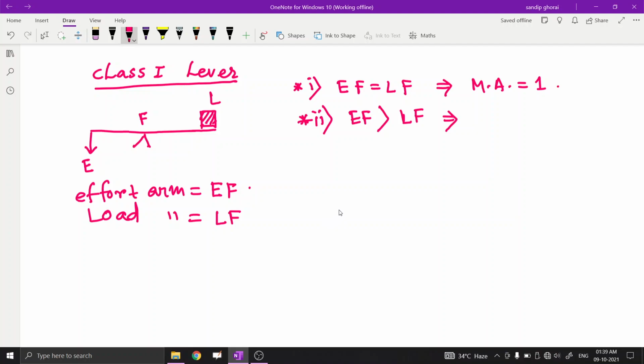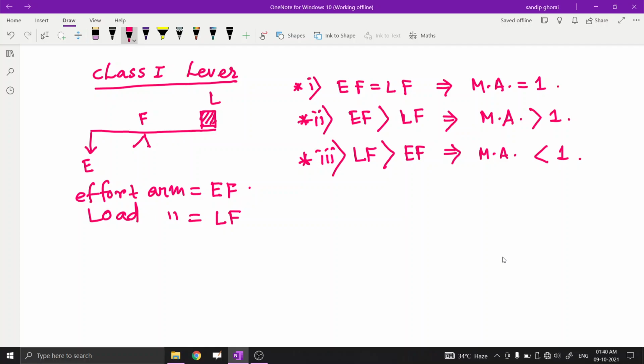So when effort arm is greater than load arm, then we generally get mechanical advantage greater than 1. And the third one is when load arm is greater than effort arm, then we can say mechanical advantage is less than 1.